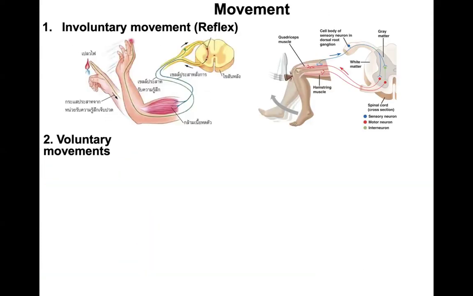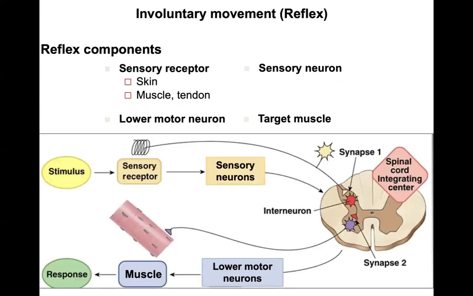That would be the first type of movement that we would discuss because it's quite simple and it's very important for diagnosis in some cases of neurological problems. So let's say what's reflex. So we're talking about reflex movement of the muscle.